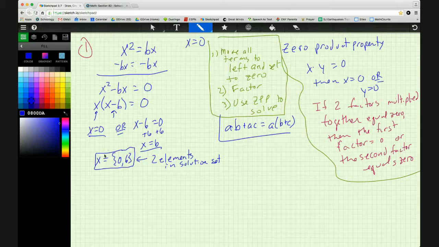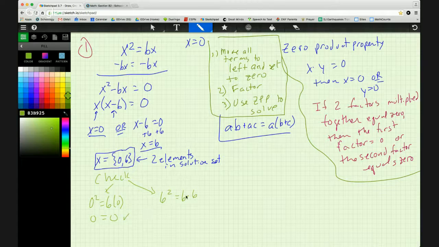Let's go back and test both answers. Does 0 squared equal 6 times 0? And does 6 squared equal 6 times 6? Well, 0 squared is 0, which equals 6 times 0, which is 0.